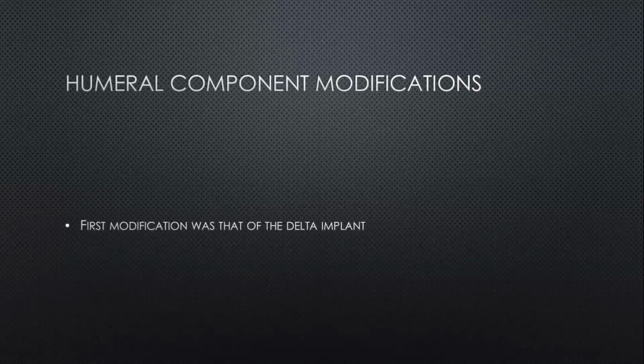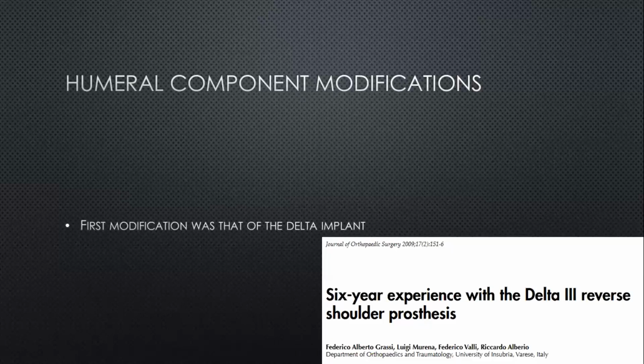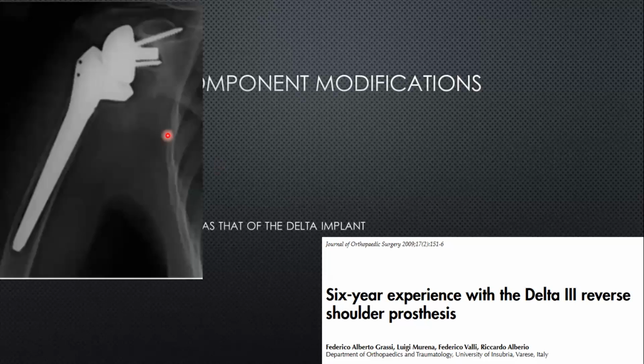The first modification was an implant called the Delta implant, which was found to be extremely useful, but it had its own share of complications. Complications such as excessive notching, as you can see here. The medial component of the humeral cup in abduction kept on hitting the glenoid inferior border, creating this problem called notching.